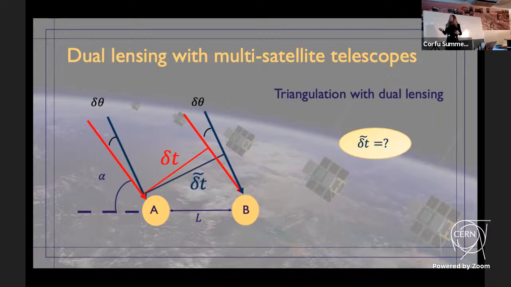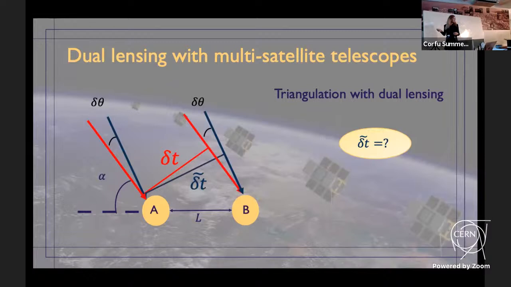So if we can measure the time for the soft signal to go from A to B, and we are sensitive enough to measure the time for the hard signal to propagate from A to B and to actually find the difference, we might detect a signature for quantum gravity.